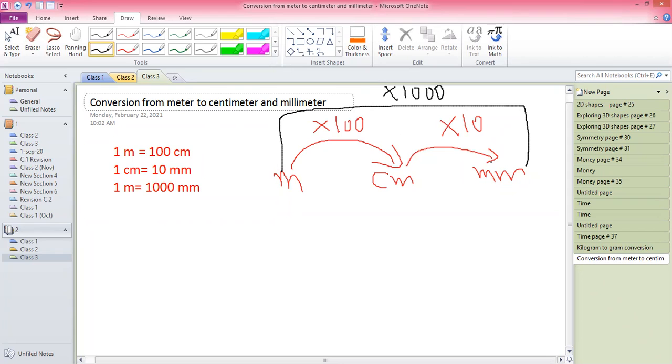From meter to millimeter, you will multiply it by 1000. You don't need to make this in two steps. You know why? Even if you convert first to centimeter and then to millimeter, it will be the same. If you multiply any number by 100 and then 10, it will be 1000 because 100 multiplied by 10 equals 1000.